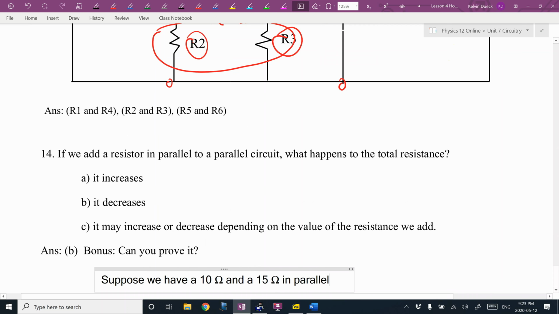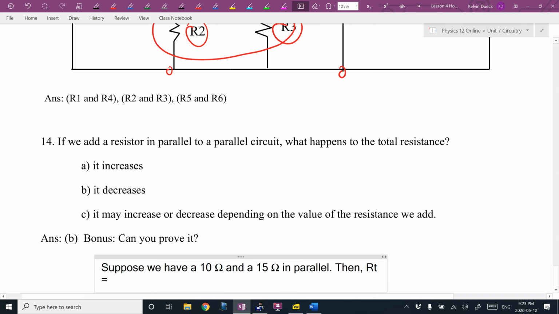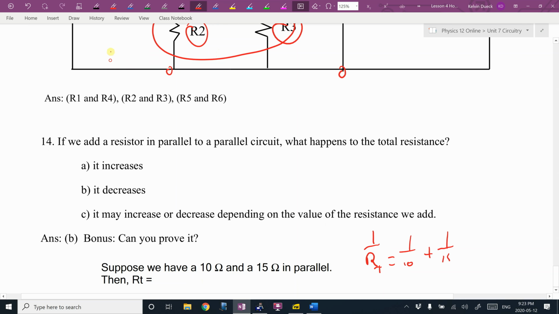Then 1 over R total equals 1 over 10 plus 1 over 15, and then take the reciprocal.